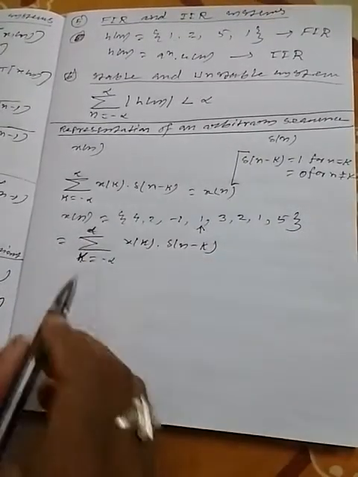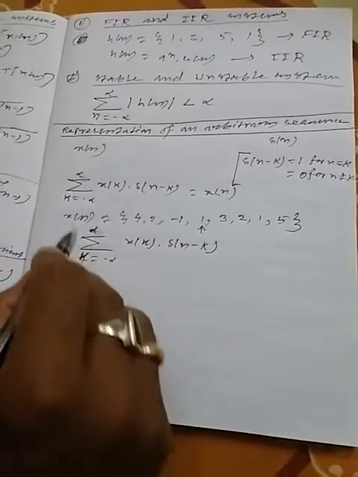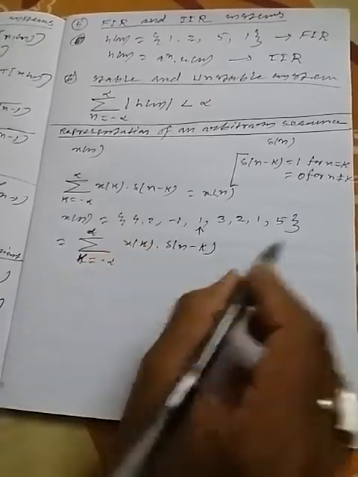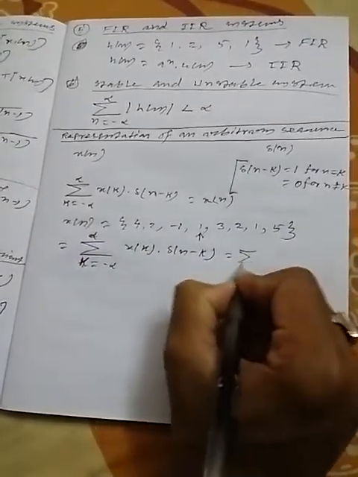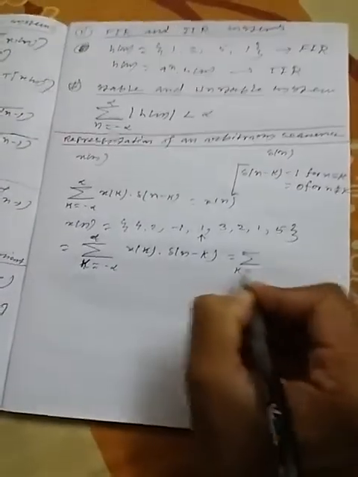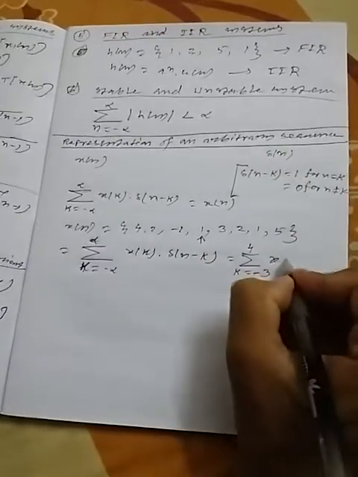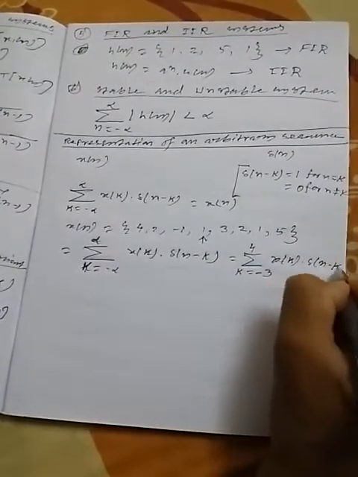So for this entire range, x[n] has a value only from n equal to minus 3 to n equal to 4. So the summation will change to k equal to minus 3 to 4 of x[k] into delta[n minus k], right?